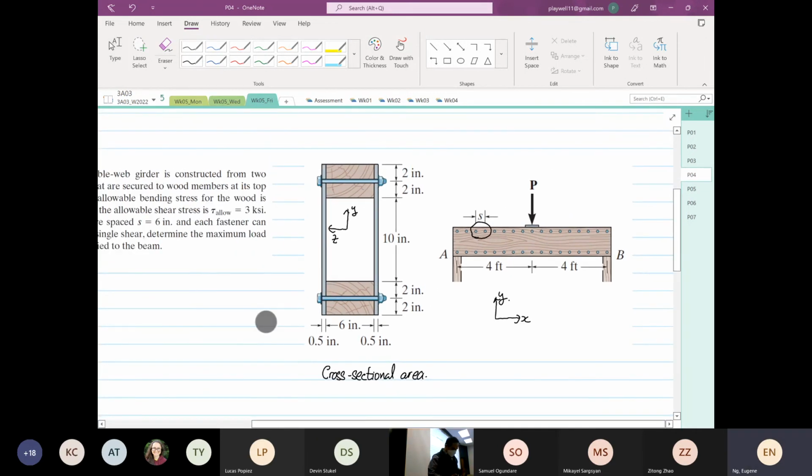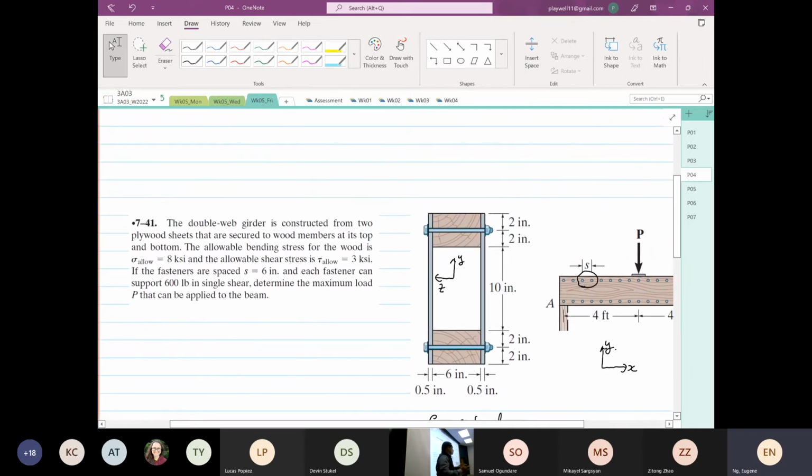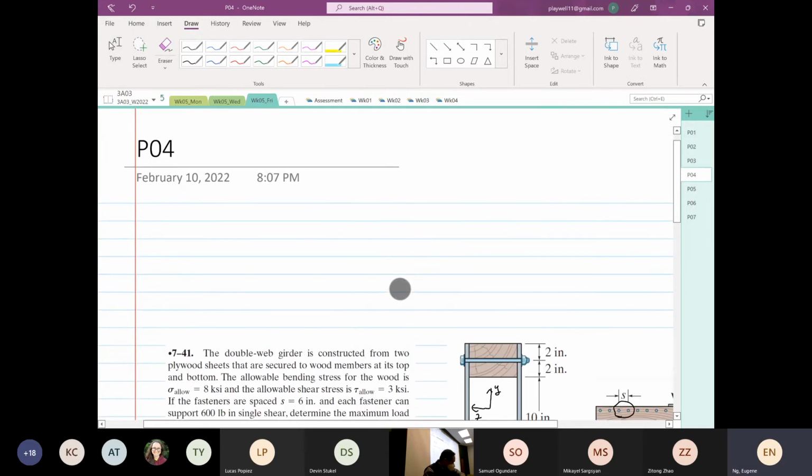Okay, let's do some writing. Any question? No question, formula. So this topic now is known as longitudinal shear on beam section.